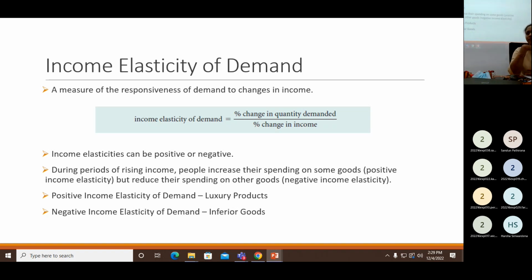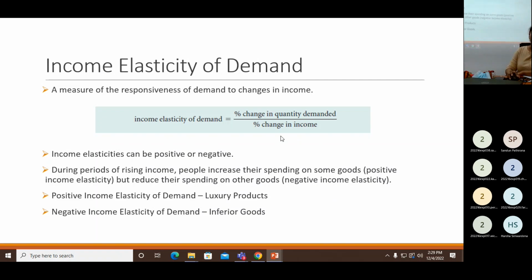Based on our monthly or annual income, what we buy, what we consume, our lifestyle, everything changes. So we respond to changes in income as well in our demand decisions. That is what we check here, income elasticity of demand.